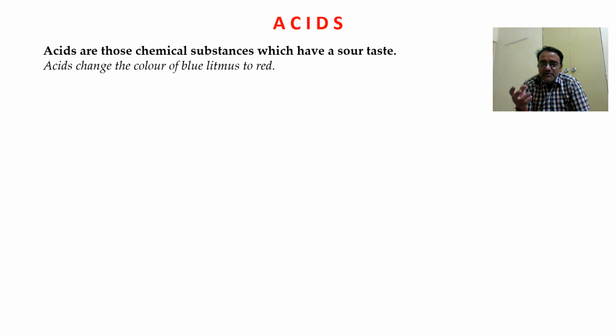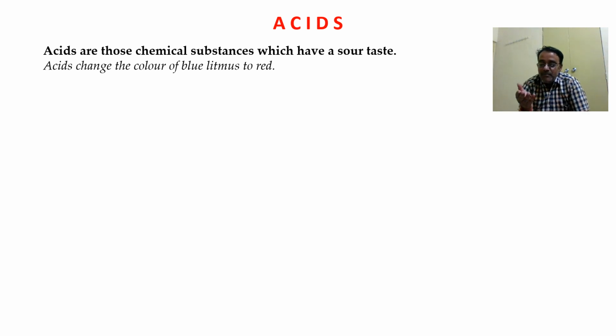Some of the common fruits like raw mango, raw grapes, lemon, orange, tamarind, जो भी fruits बहुत खट्टा होता है, these are very sour in taste. Why is it so? Because of the presence of acids in them.